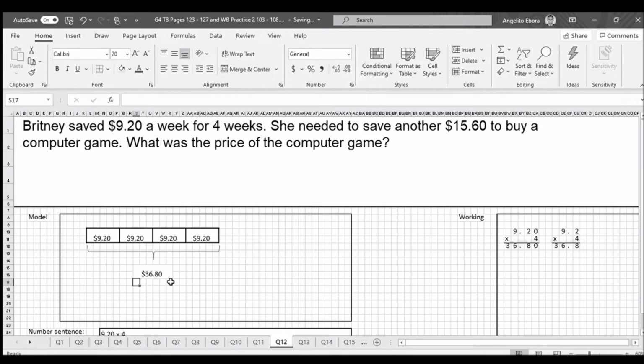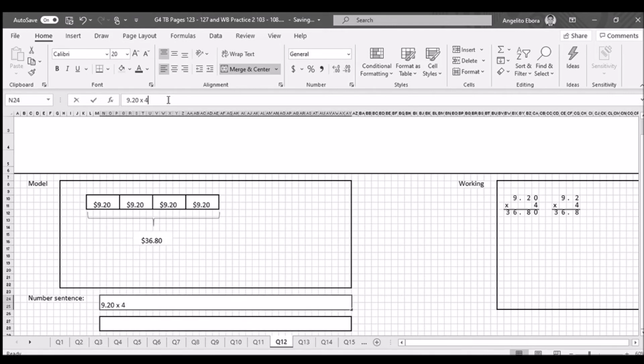Okay? Because, okay, what are we going to do next? She needed to save another $15.60 to buy a computer game. So all of this amount of money that she saved for 4 weeks, and then another savings, that will be the cost of the computer game. So $36.80.